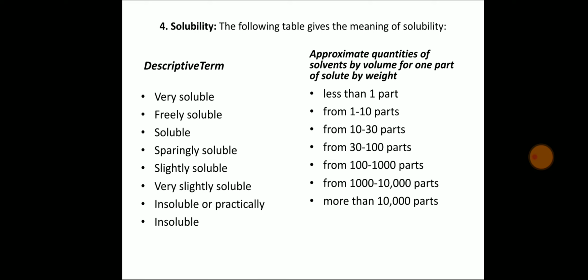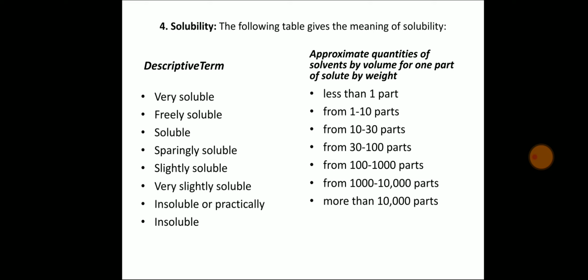Descriptive term, very soluble. ये हम बोल सकते हैं कि soluble को क्या बोलते हैं, ज़्यादा घुलनशील कब होता है, less than one part. Freely soluble from 1 to 10 parts. Soluble 10 to 30 parts.